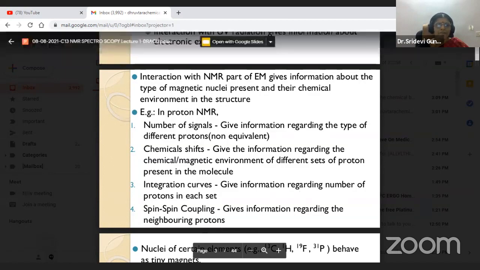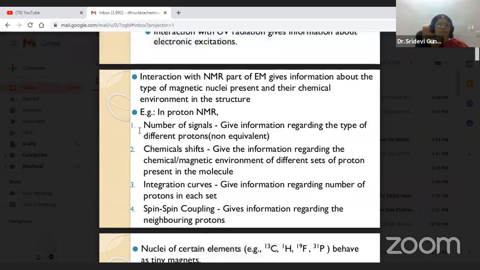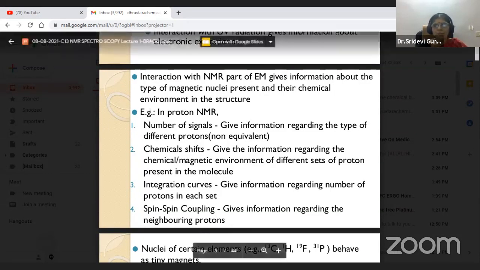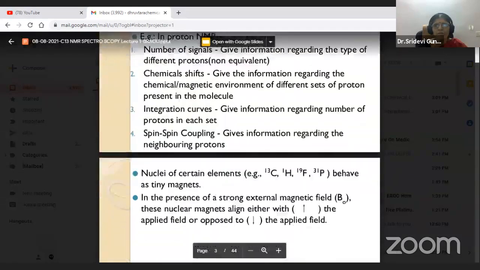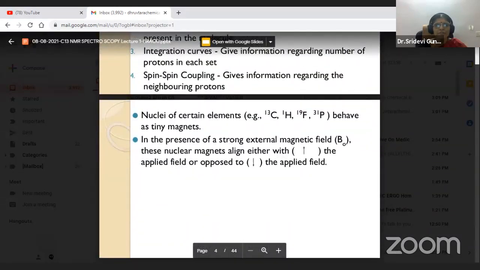And from the integration curves, you get information regarding the number of protons in each set. And from spin-spin coupling patterns, you know what are the neighboring protons present in the molecule. So this already you have learned. I'm not going into details of it.